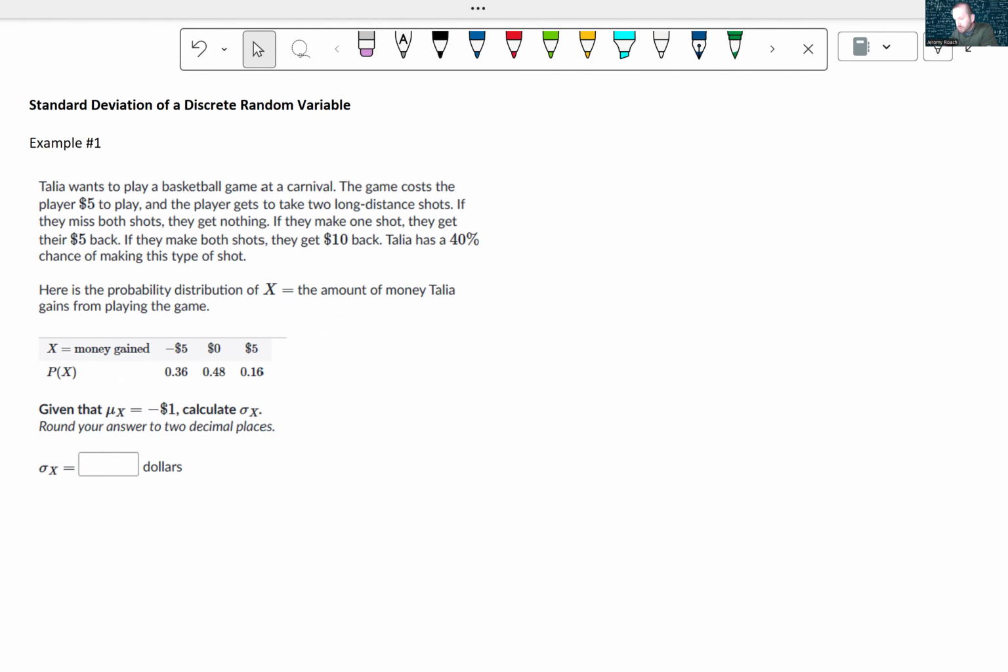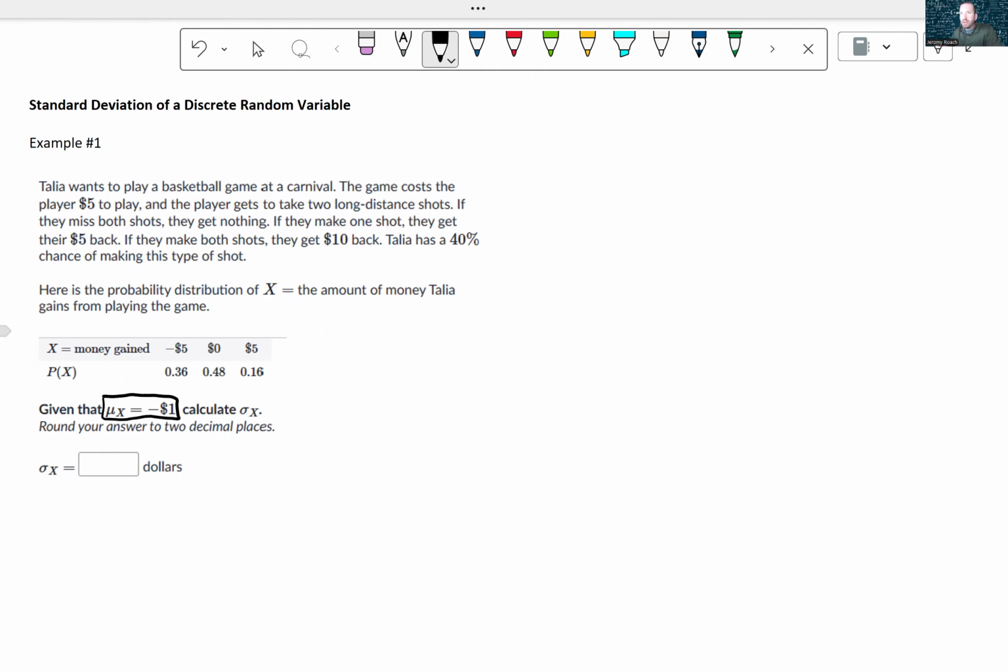Okay, so they calculated for us that the expected value is she's going to lose $1. That's maybe not the most accurate way that we would want to explain our wins or our losses, because expected value tells you the average gain or loss.